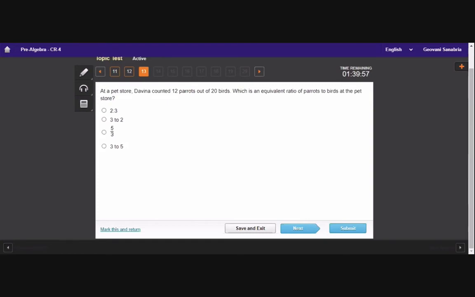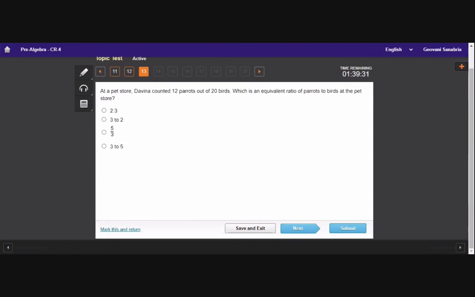Pet store counted 12 parrots out of 20 birds, which is the equivalent ratio. Can I do like divide 20 by? Well, it says which is an equivalent ratio of parrots to birds.